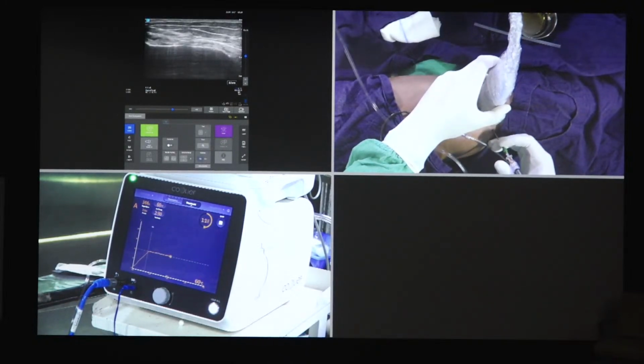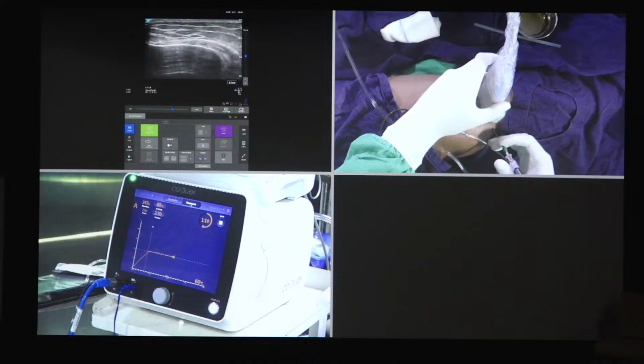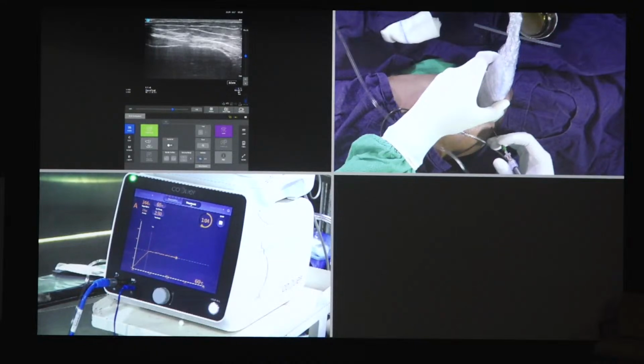So usually inferior medial, there is a chance of skin burns, because it's very superficial. So make sure in skinny patients, I think your depth should be at least more than 1 centimeter to 1.5 centimeters.